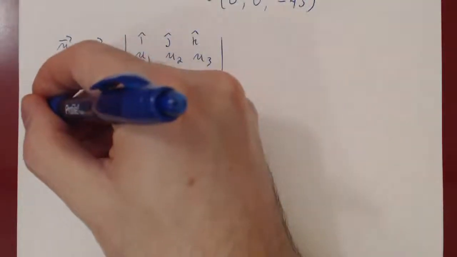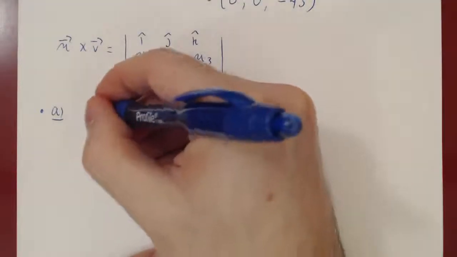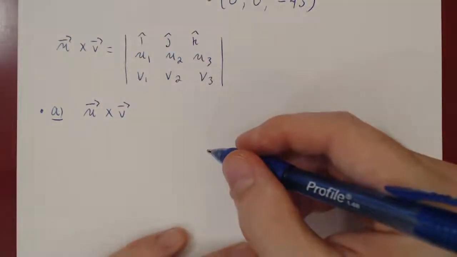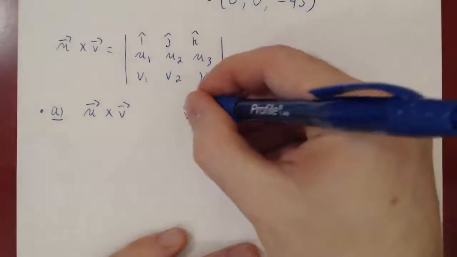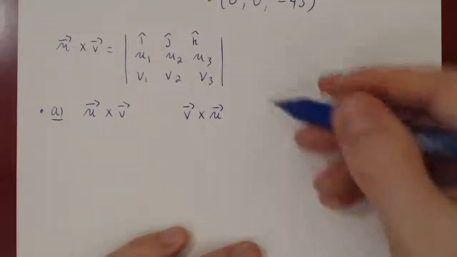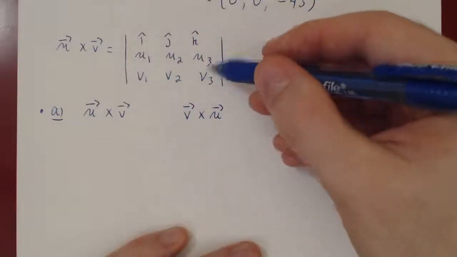So let's start with property A. What if we do u cross v? And what happens if we cross v and u, if we change the order of the cross product? Well, that would be equivalent to swapping row 2 with row 3 in this determinant.